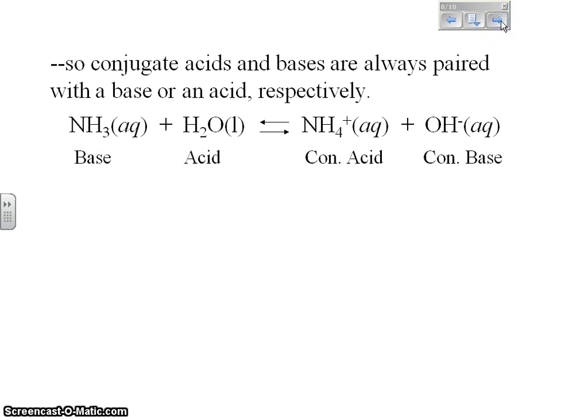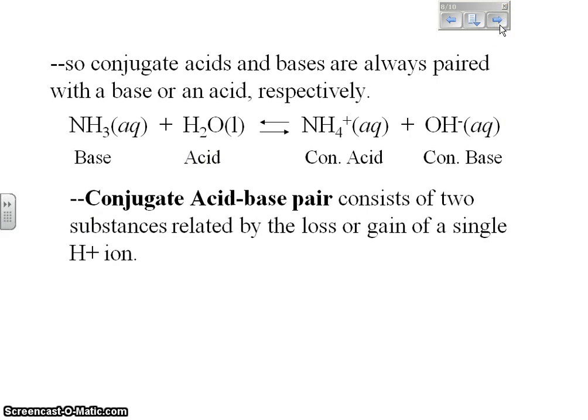NH3 is the base and H2O is the acid. NH4 positive is the conjugate acid paired with the base NH3, and the conjugate base OH negative is paired with the acid H2O. A conjugate acid-base pair consists of two substances related by the gain or loss of a single H positive ion.